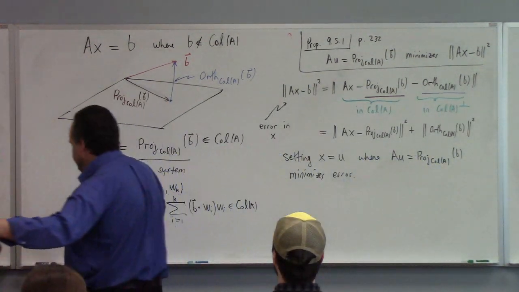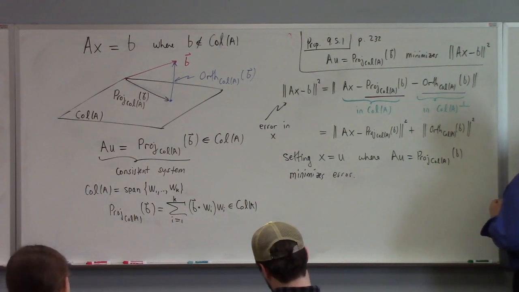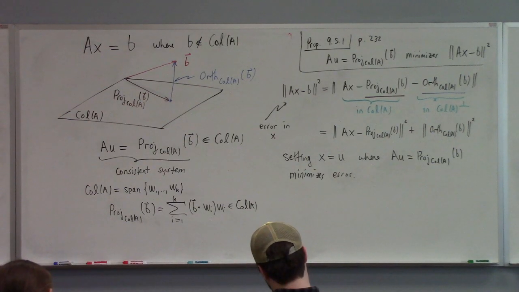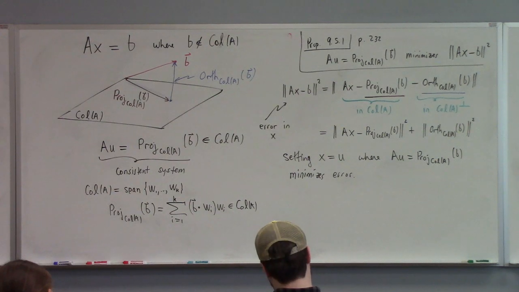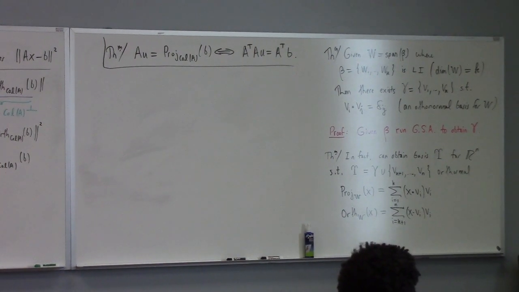They say that we can trade, theorem: AU equal to the projection onto the column space of A of B is the same as A transpose AU equals A transpose B. So instead of actually having to calculate the projection, as much as I love to do that, we don't have to once we prove this theorem, because we can solve the normal equations.